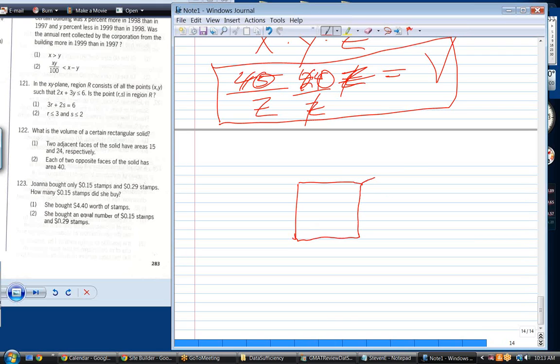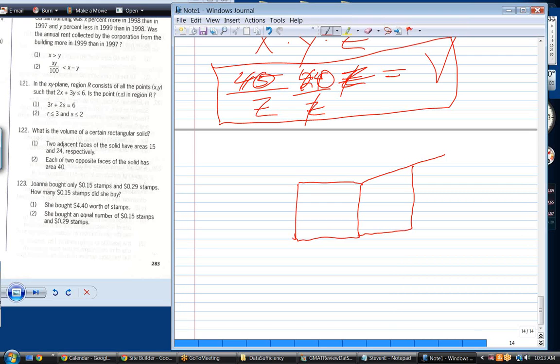If two adjacent faces have the same area, do they have to have the same dimensions? No, because it's a rectangular solid. Well, a rectangular solid can still be a cube.